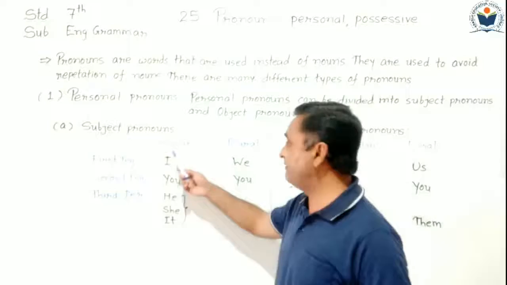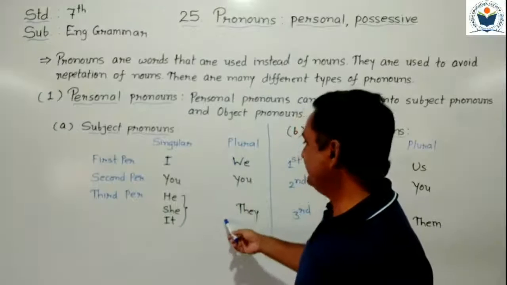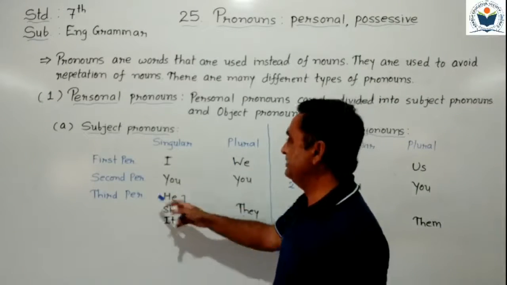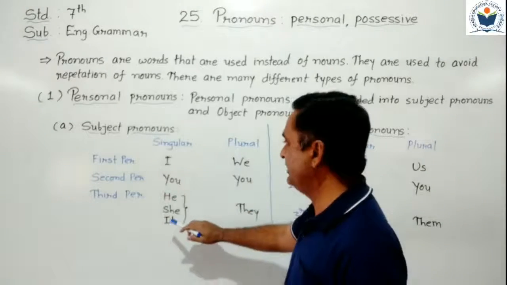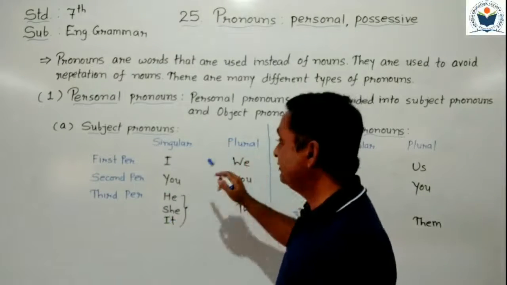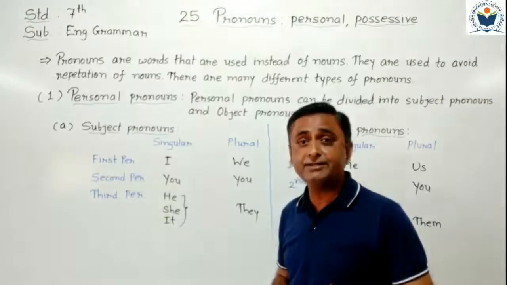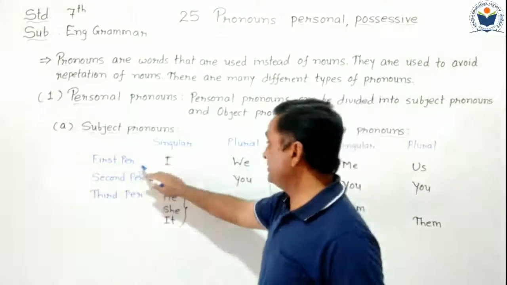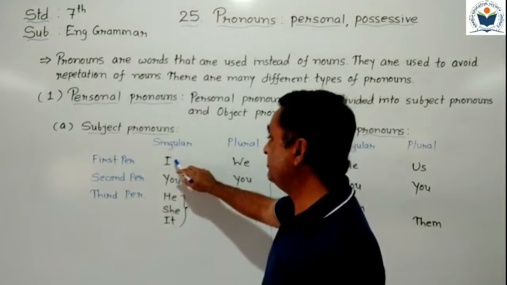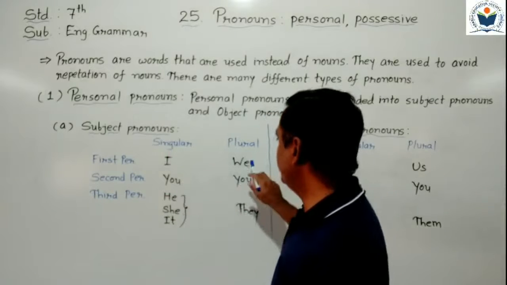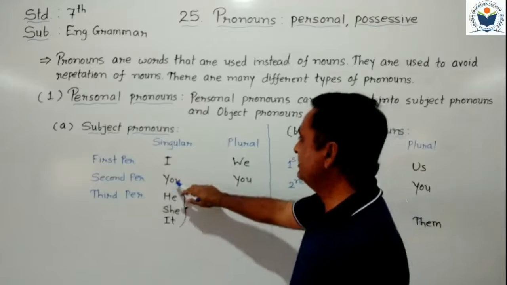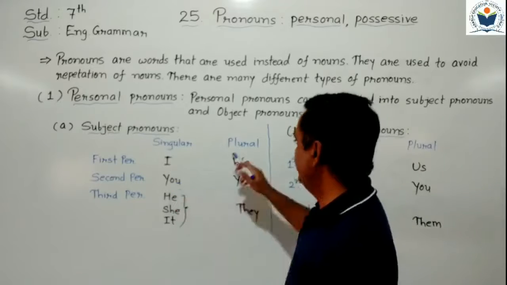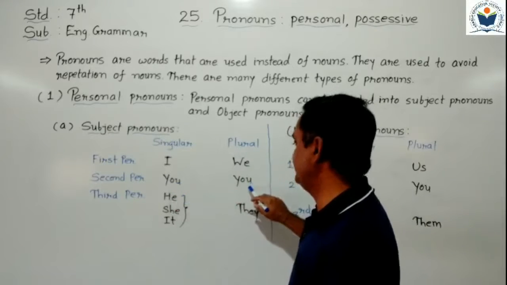For subject pronouns I write the different pronouns here. See, first person, second person and third person, everybody knows about it. Singular and plural we already studied in our tenses. So first person singular subject pronoun is I, plural first person is we. Second person singular is you and second person plural is you.